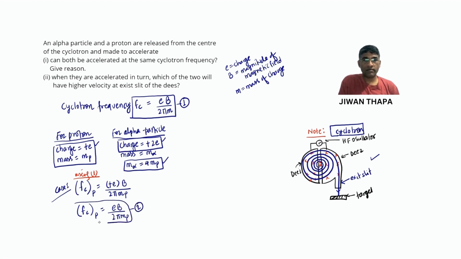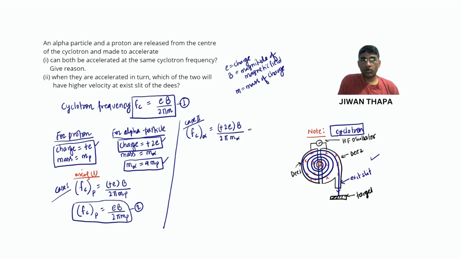So we have this. Now case 2, for the alpha particle. We can write: cyclotron frequency for the alpha particle equals, using equation 1, the charge on the alpha particle is plus 2e, so we have magnetic field B divided by 2π m alpha.